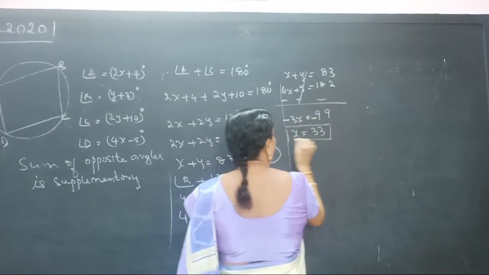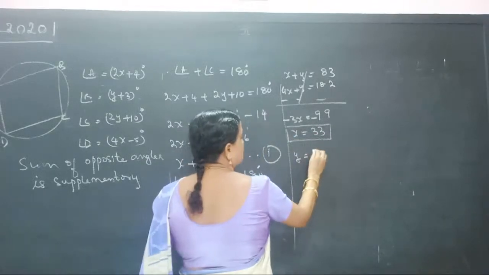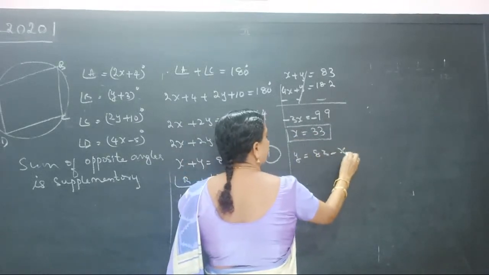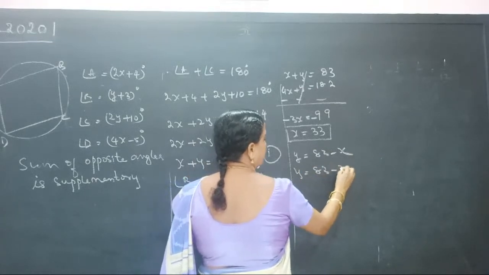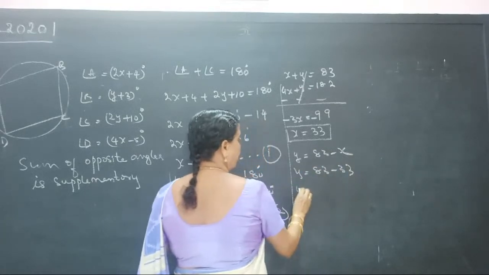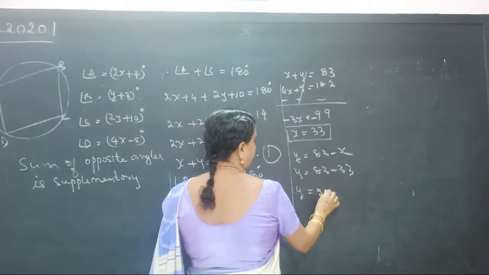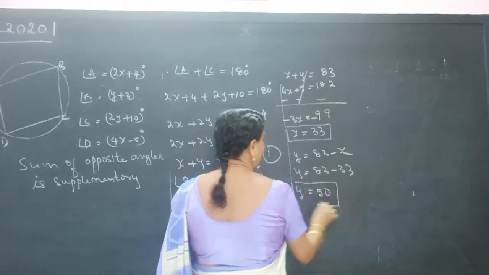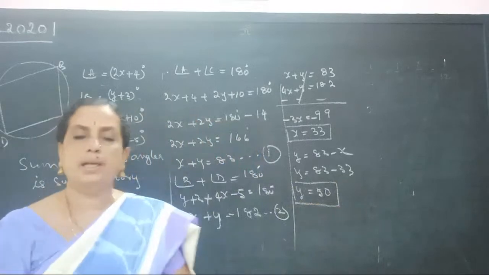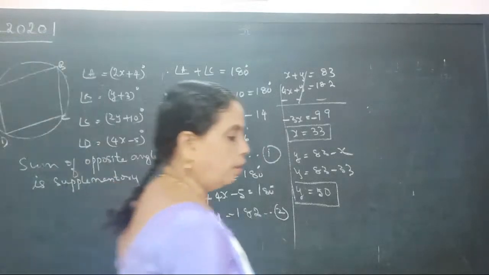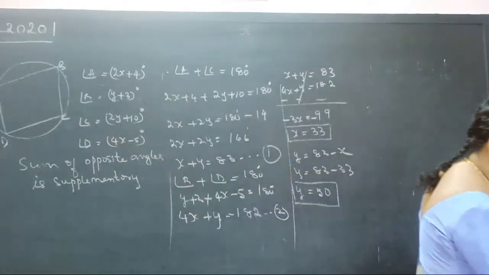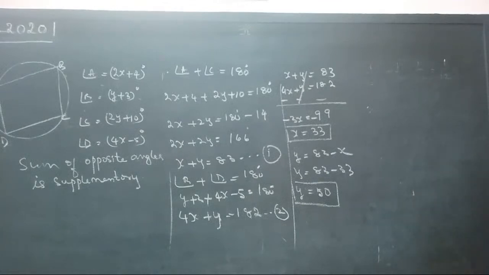To get the y value, y equals 83 minus x, that is 83 minus 33, y equals 50. So getting x and y values, substitute into each angle measurement and later check whether the opposite angles are supplementary or not. Check it once.